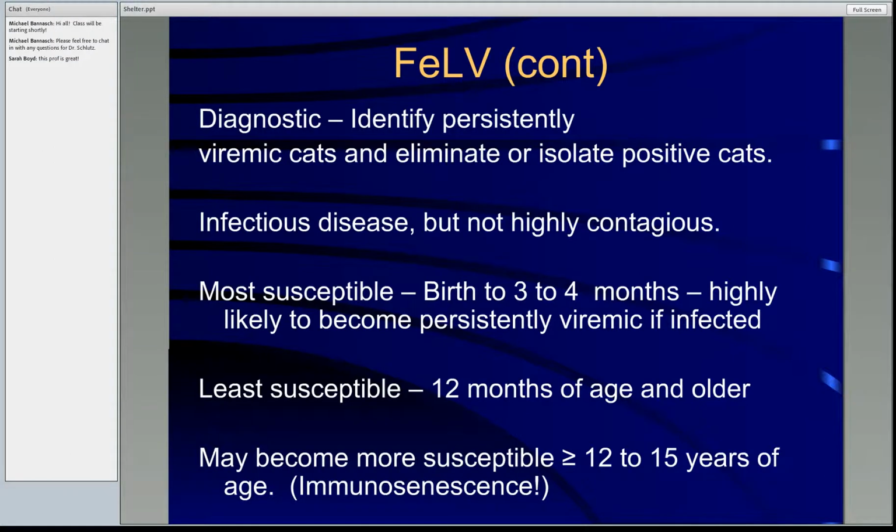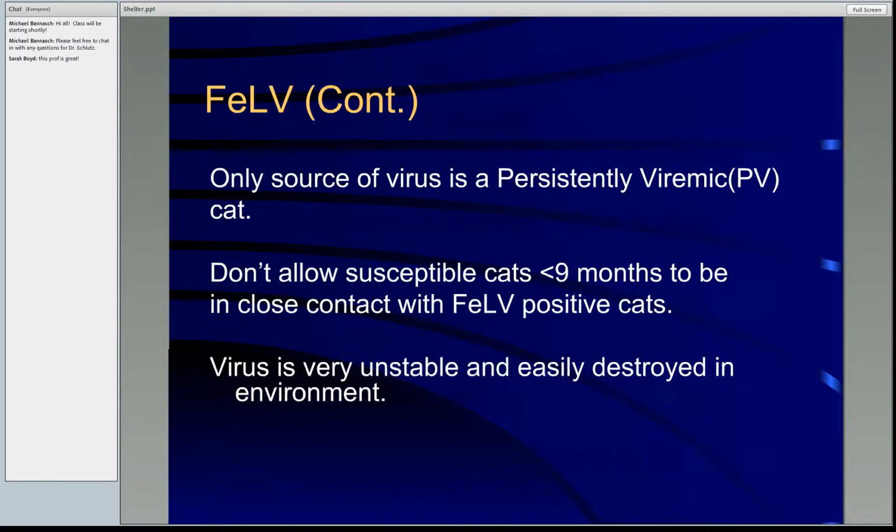But in the shelter environment, we consider that FIV positive animal to be infected rather than vaccinated. Because if they're not vaccinating for panleukopenia and calicivirus, they're surely not vaccinating for FIV. In fact, very few pet animals are receiving the FIV vaccine. So that's one of the things to keep in mind.